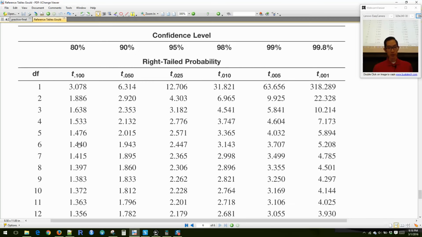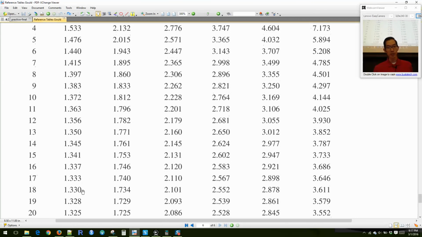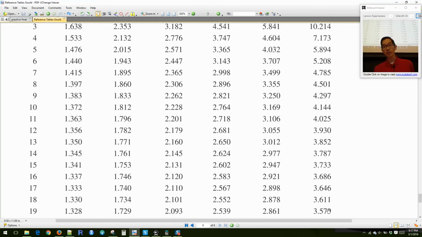We go to 19 degrees of freedom and see where 10.43 fits in this lineup. 10.43 is much bigger than the last number here, which is 3.579, so it goes beyond over here.